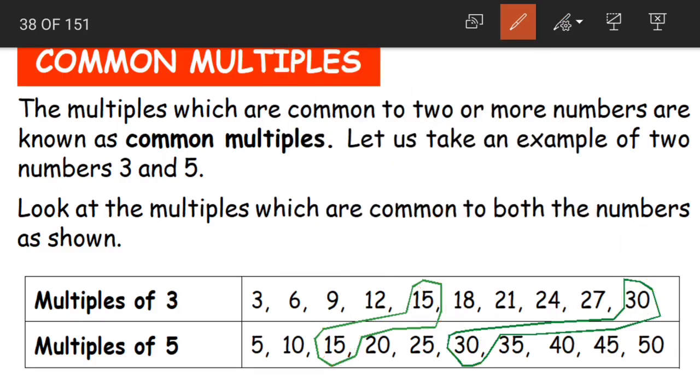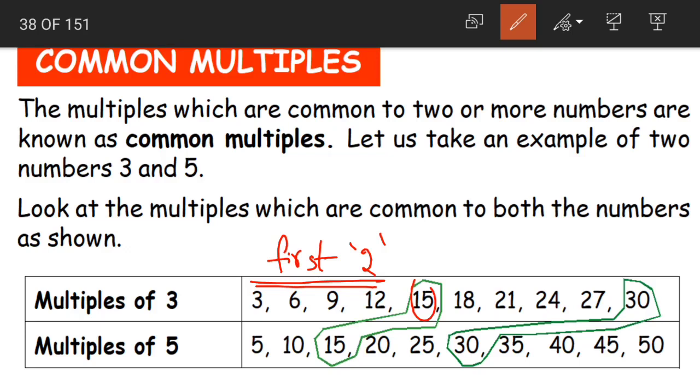Understood? So these are the first two common multiples. Again, why am I specifying the term first two common multiples here? Because as we have discussed, the number of multiples is infinite. Yes, we cannot exactly say the number of multiples that we have.